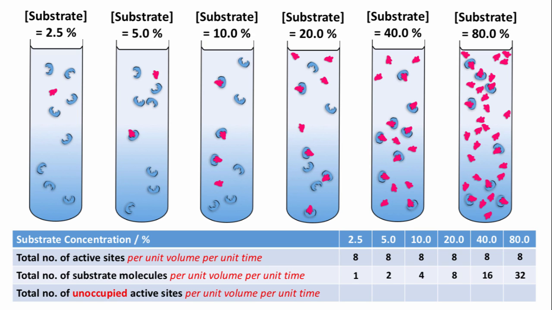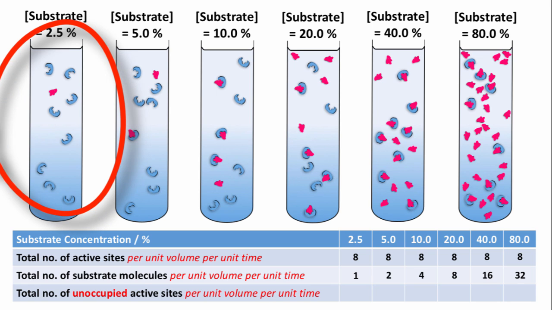So all is fine, but what I would like you to pay attention to is, in each of these test tubes, could you count the number of unoccupied active sites? Should that substrate molecule bind to the enzyme active site?